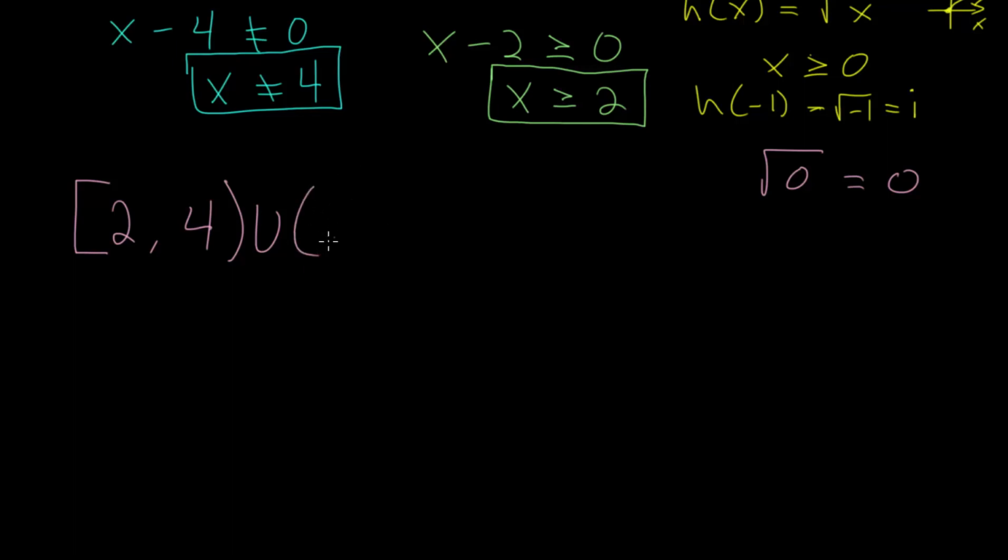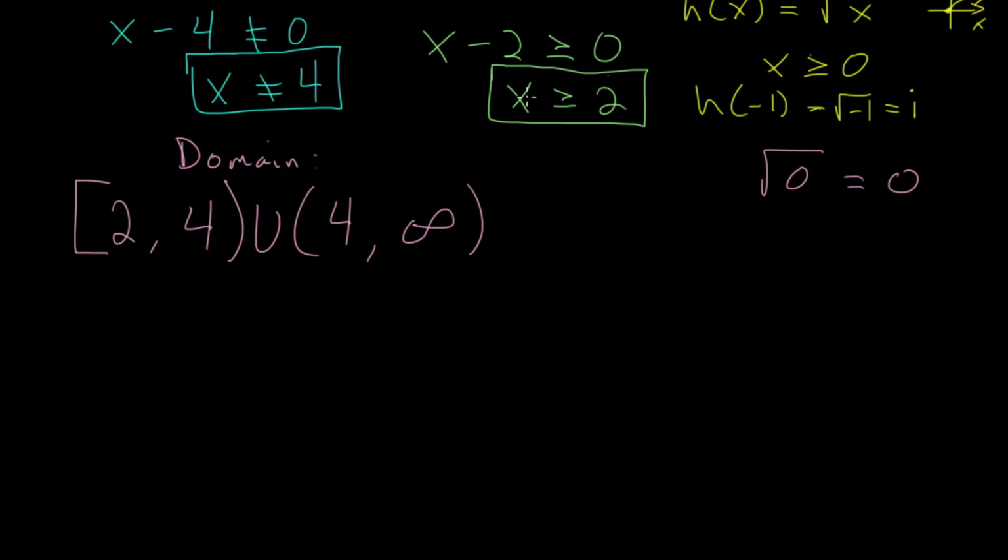We again start at the lowest possible value, which is the other side of 4. Starting at 4, but not including 4, we can go all the way to infinity. Infinity is never included. We always use parentheses for positive or negative infinity. So this right here is our domain using interval notation.